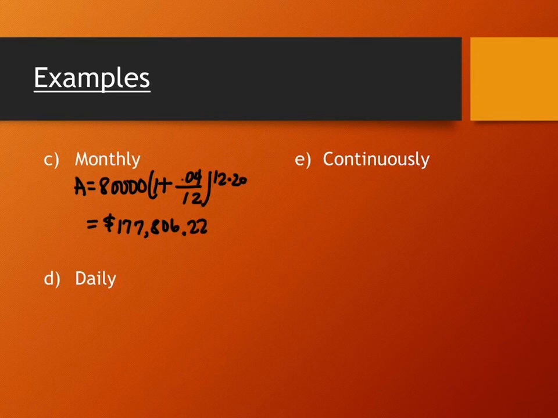All right, also we can look at compounded daily, much the same again. I have 80,000 over here, times 1 plus my interest rate, 0.04. And I'm going to divide by a daily value of 365 and raise this to the 365 times 20.